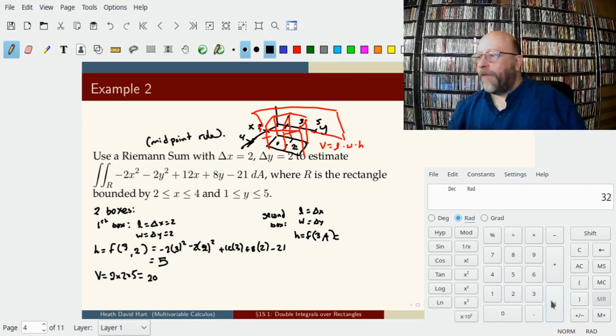I made a mistake because I didn't hit my plus sign there, so let's start that over again. Negative 18 minus 32 plus 36 plus 32 again minus 21 gives me a height of negative 3.